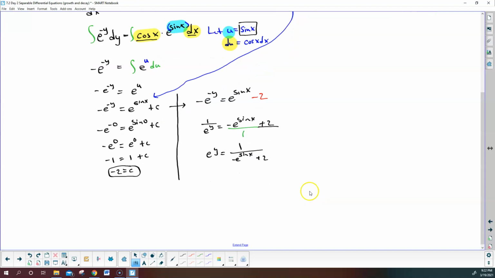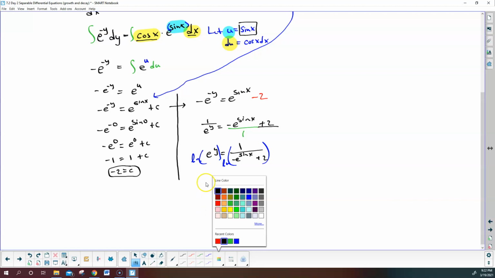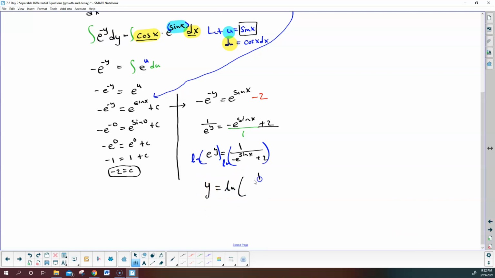And then the last step, I have an e, so I have to use the natural log of both sides. And that will give me y equals the natural log of 1 over negative e to the power of sine x plus 2.